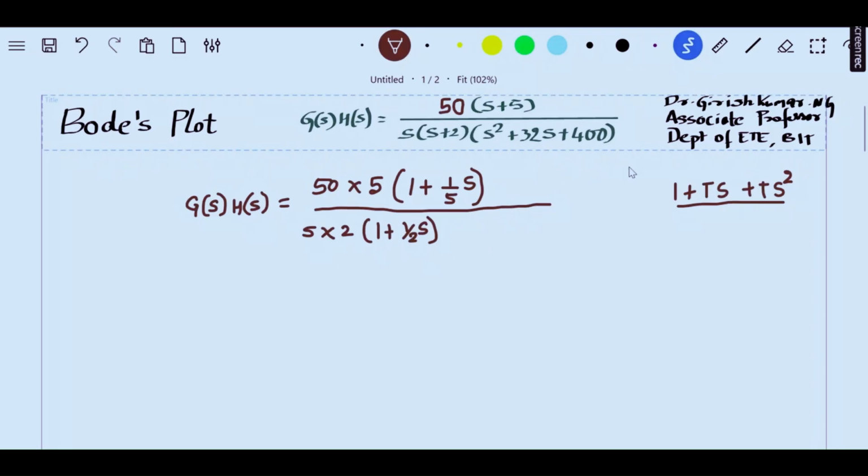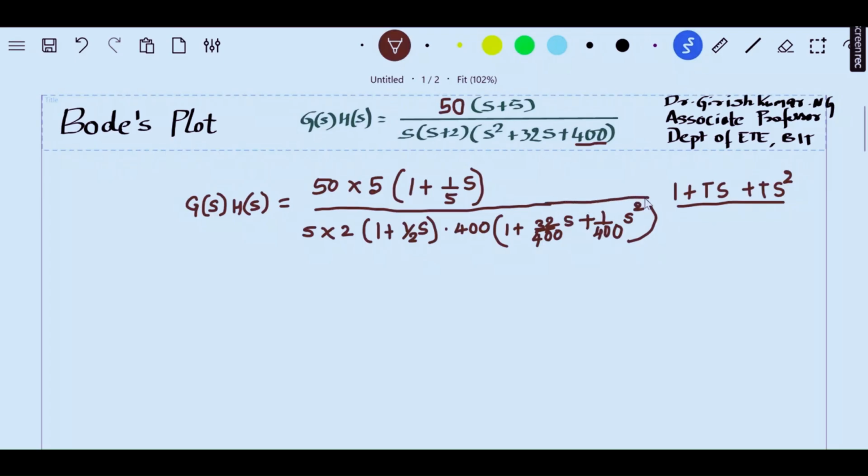For that, the constant term should be 1, so I need to take 400 common here. So 400 is common, which I take, into 1 plus 32 by 400 into s, plus 1 by 400 into s squared. So this is the quadratic term we get when we take 400 common.